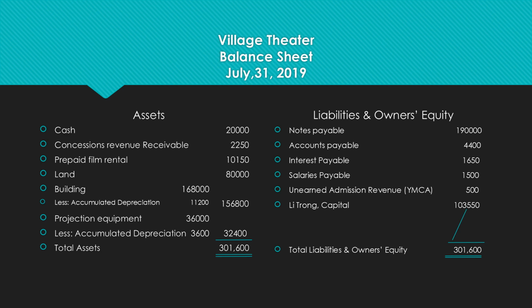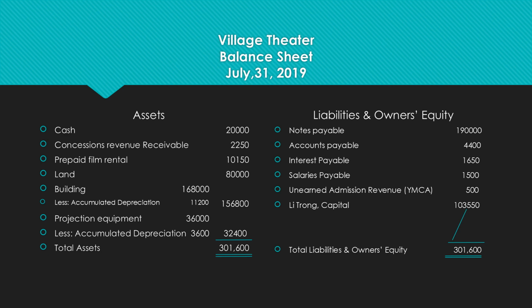Similarly, we have shown the book value of projection equipment: original cost 36,000 less accumulated depreciation 3,600, so the book value of projection equipment is 32,400. The total of all these assets is 301,600.